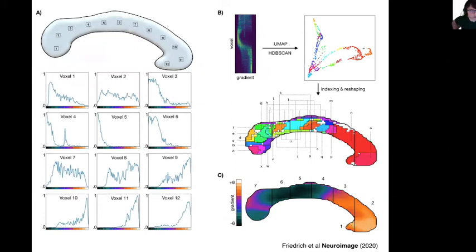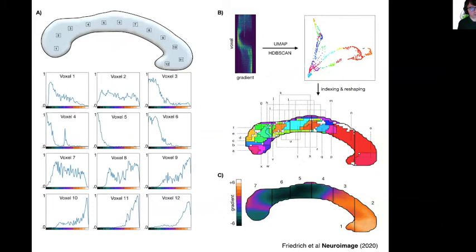You can also try to segment the corpus callosum according to these different levels, which has an added value for neurosurgery. So in other words, if you sample different points on the corpus callosum, you would see that they have different profiles of contribution onto this percentile representation.